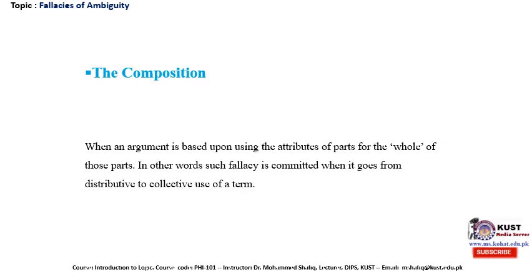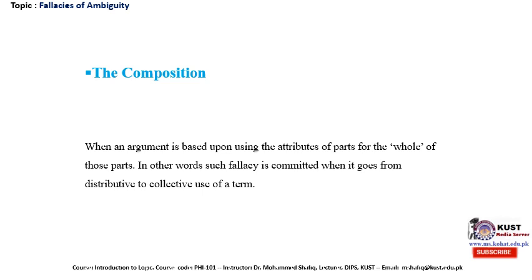The fourth fallacy of ambiguity is called the fallacy of composition. When an argument is based upon using the attributes of parts for the whole of the parts, in other words, such fallacy is committed when it goes from distributive to collective use of a term.